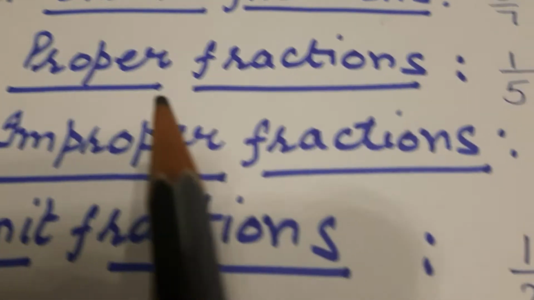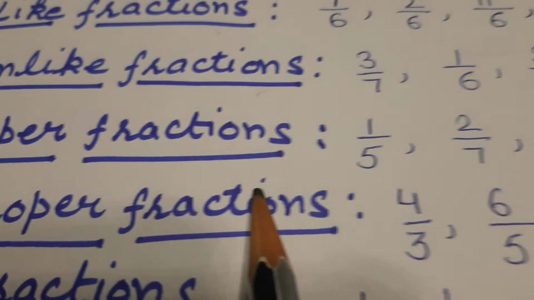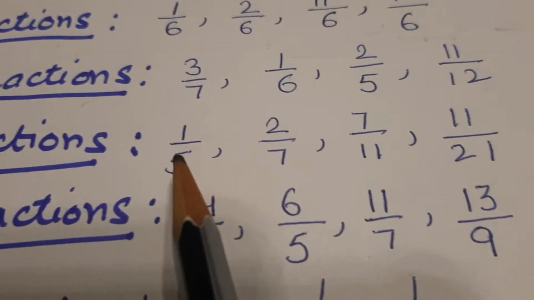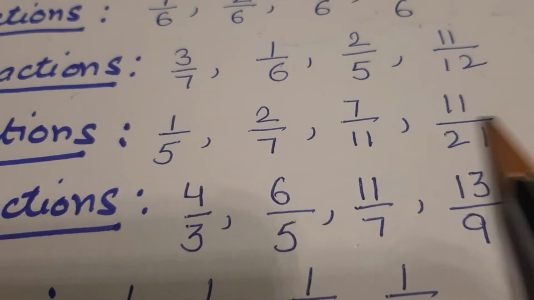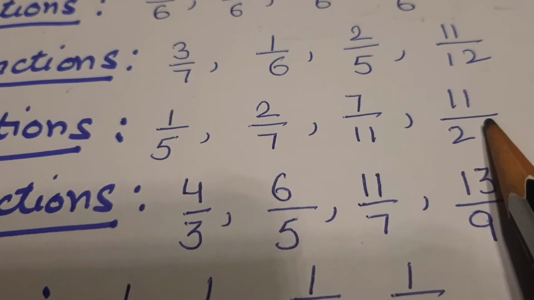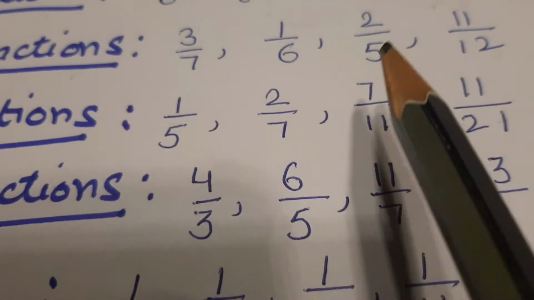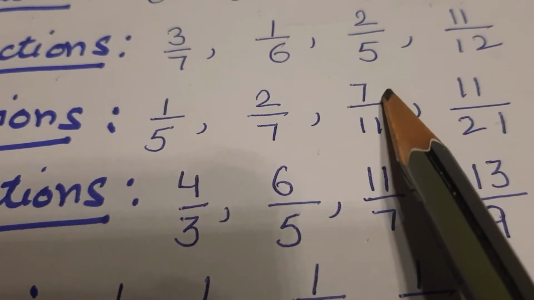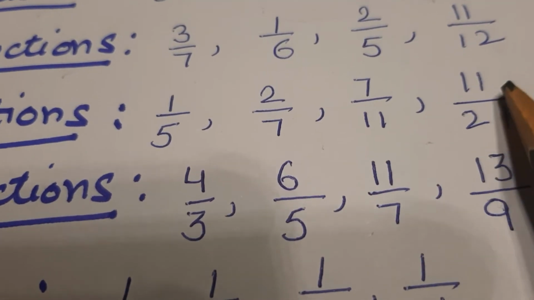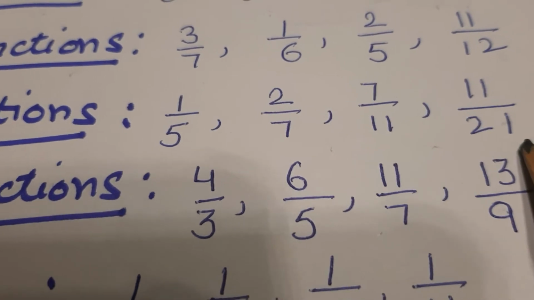Okay, next type is proper fractions. Observe these fractions carefully. This is 1 by 5, this is 2 by 7, this is 7 by 11, and this is 11 by 21.